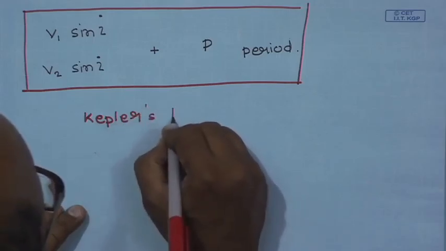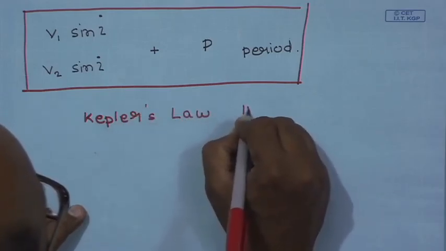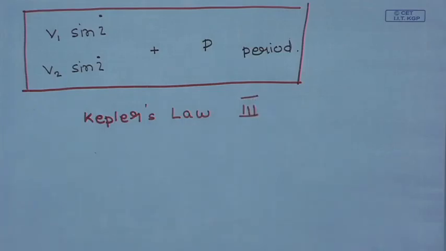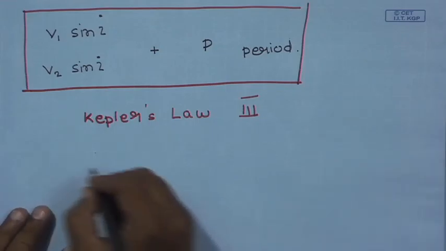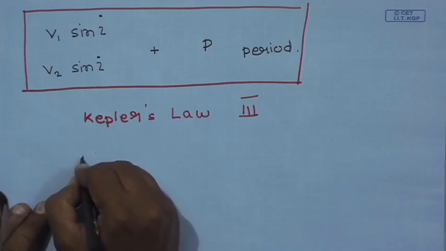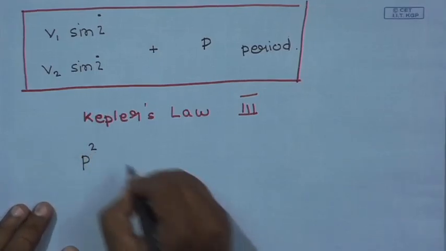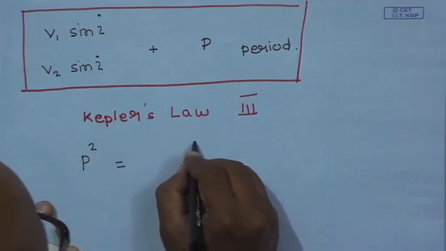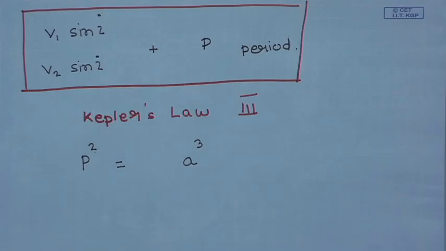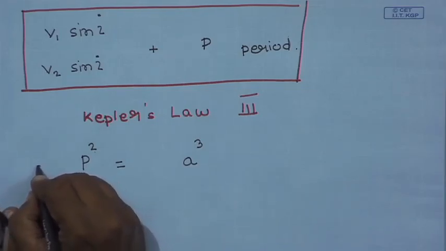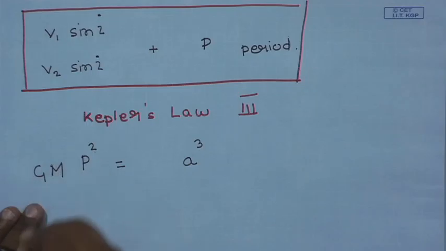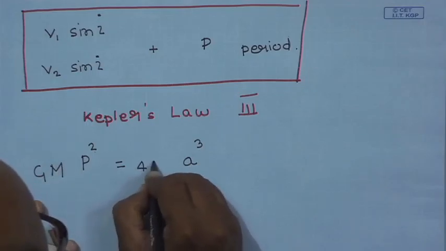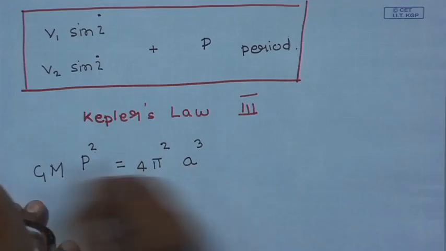Kepler's law, and we consider the third law, which says that the period of the orbit P squared is proportional to the cube of the semi-major axis a cubed, and the constant of proportionality is G M. I can write it in this way, G M here and 4 pi squared here.